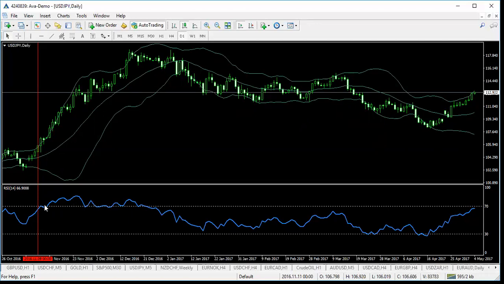So in particular from this area, it's hit the 70 line, so most market participants would then be looking to sell, saying the asset's overbought, it's hit the ceiling, it's time to sell. And when it hits the bottom, it's oversold, it's time to buy.